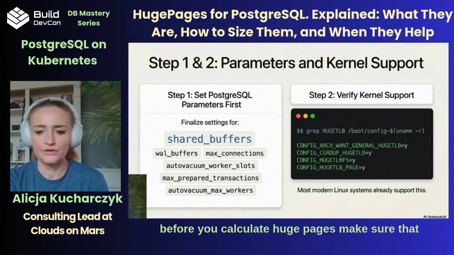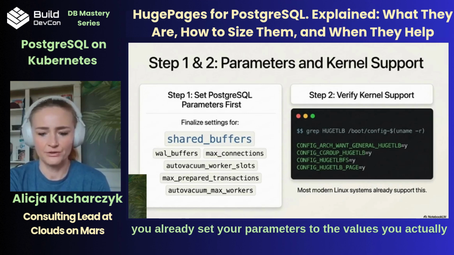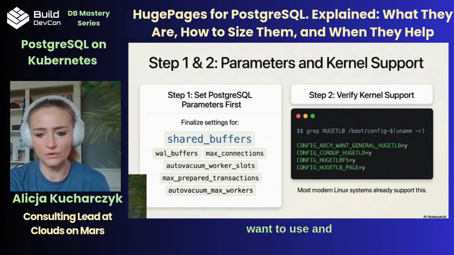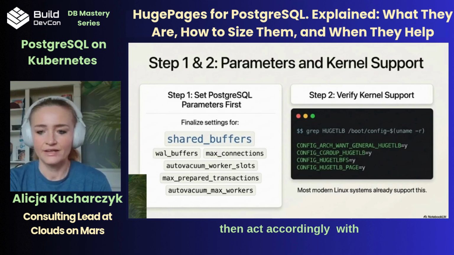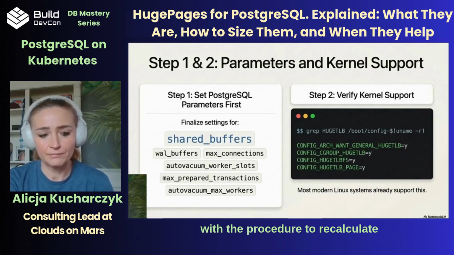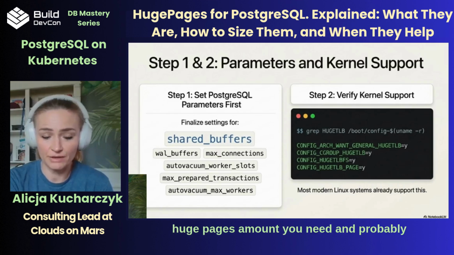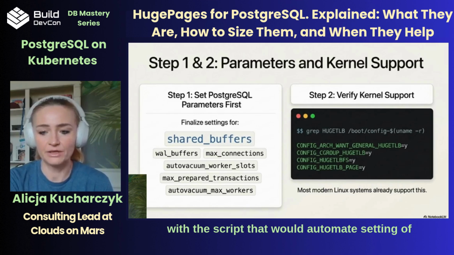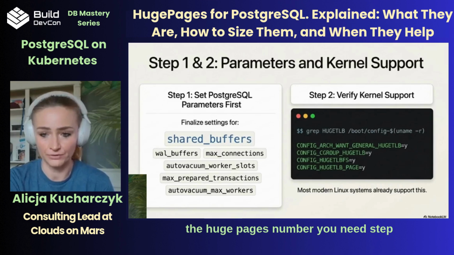So before you calculate HugePages, make sure that you already set your parameters to the values you actually want to use, and then act accordingly with the procedure to recalculate the HugePages amount you need, and probably with a script that would automate setting the HugePages number you need.